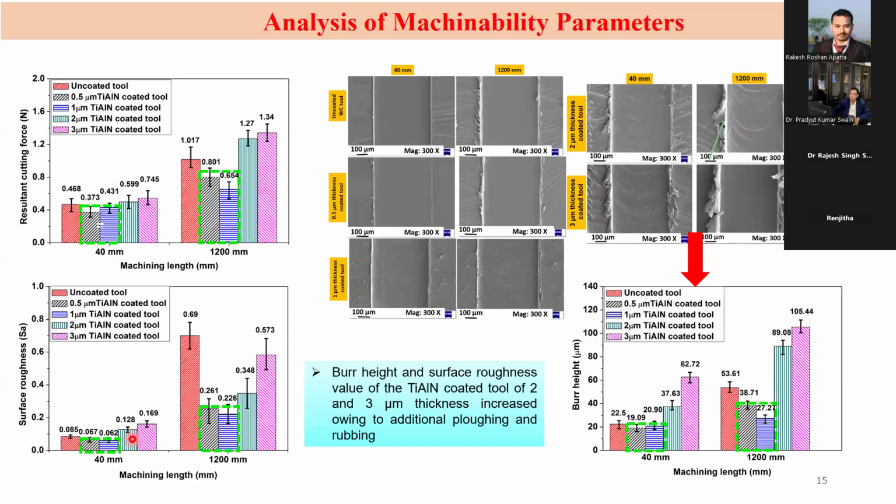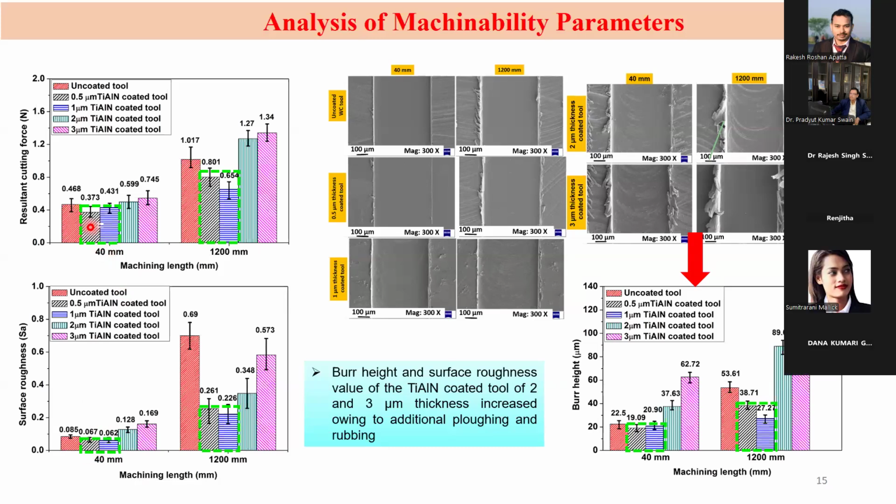But for the fresh tool, that is after the first pass, the results are very clear. The 0.5 micron coated tool shows better results. But after long passes, for each pass we have taken 30 mm machining length, so we did around 40 passes, then we see that instead of the 0.5 micron coated tool, the 1 micron coated tool outperformed.